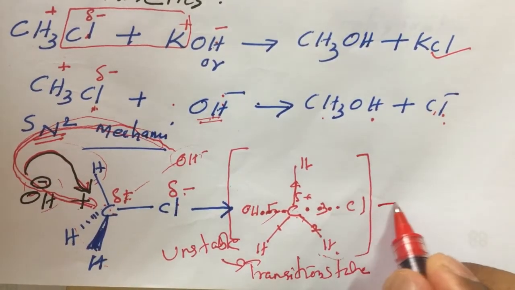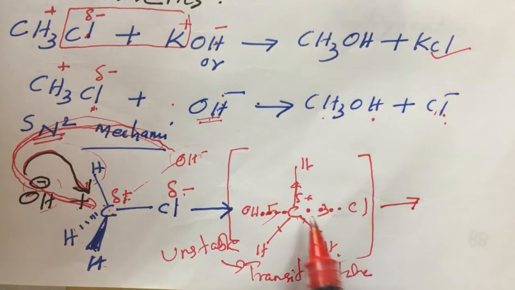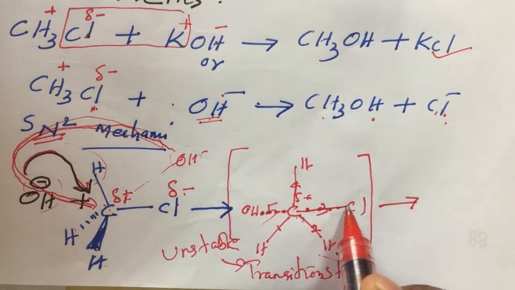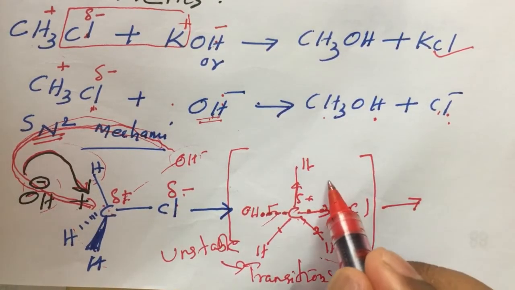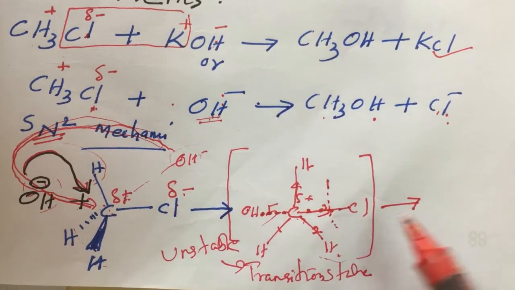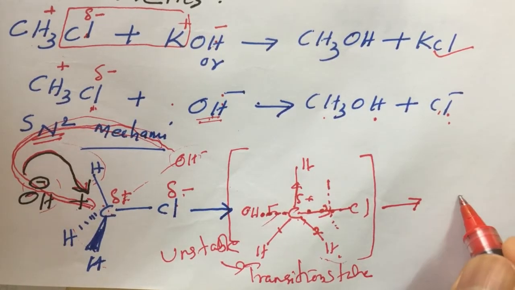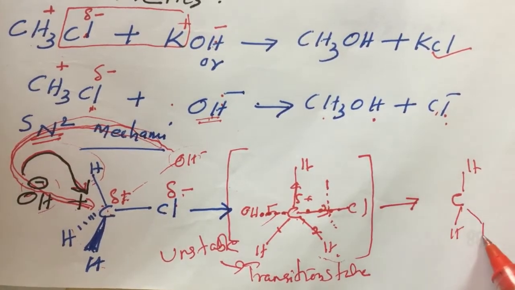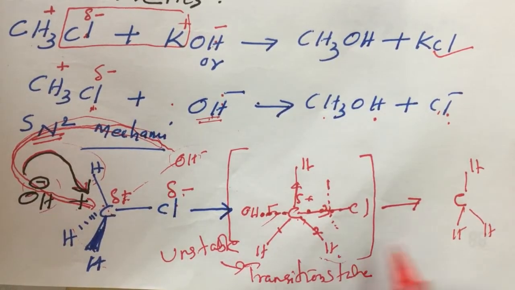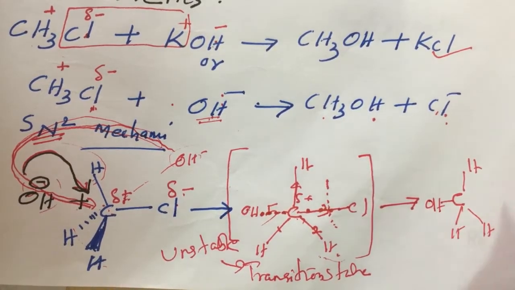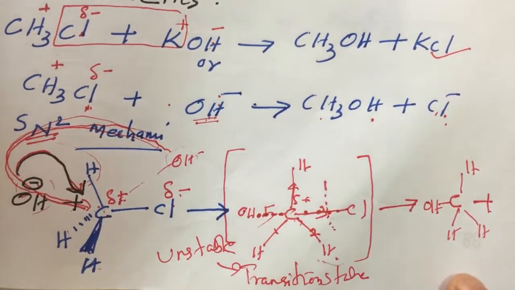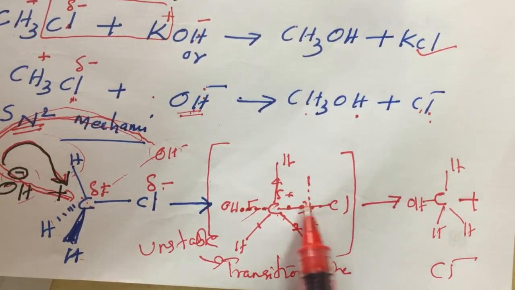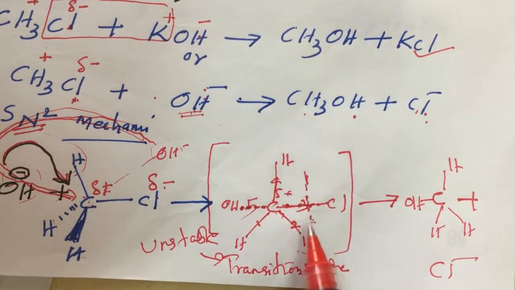Then to gain stability, from the transition state this bond becomes weaker and finally breaks, and Cl minus leaves from the compound, forming CH3OH plus Cl minus, with the three hydrogens already there. Why does this bond break?